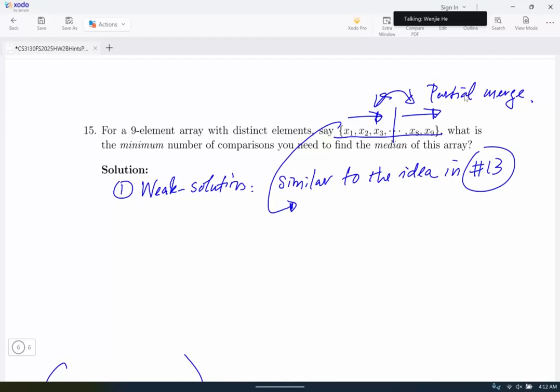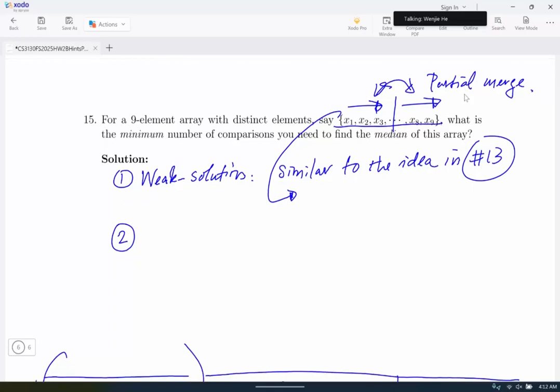Then the strong solution, I also give you the hint. If you want to try, you can do one comparison better than the weak solution.